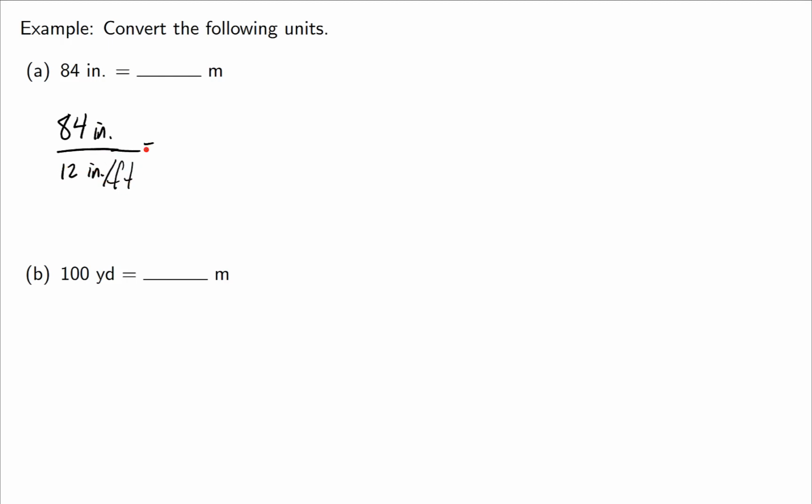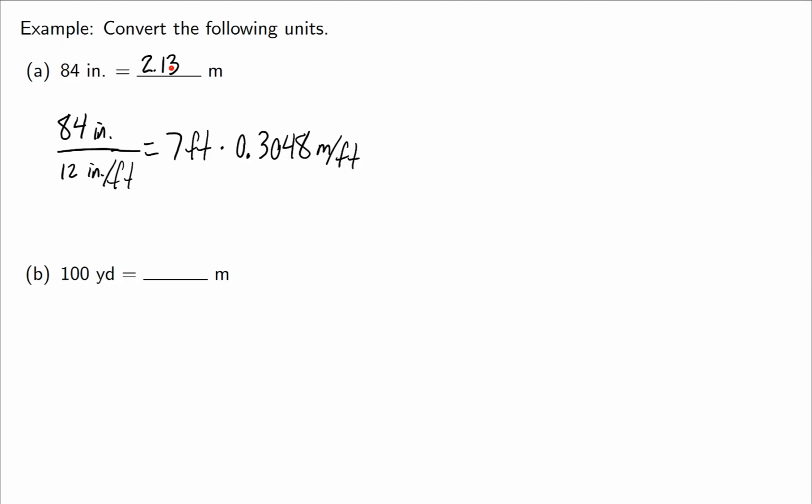And 84 divided by 12 comes out to a nice 7 feet. Now from what we were just looking at, we're going to multiply that by 0.3048. That is the number of meters in 1 foot. And if we multiply this out, I get 2.1336, I'll just say 2.13 meters is 84 inches.